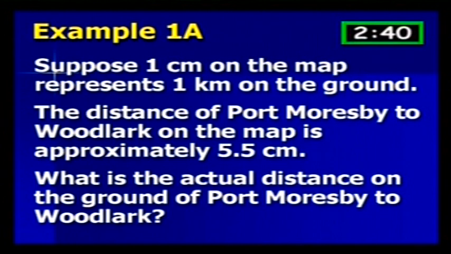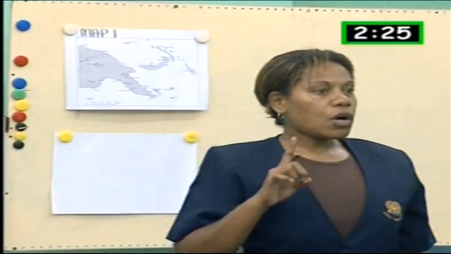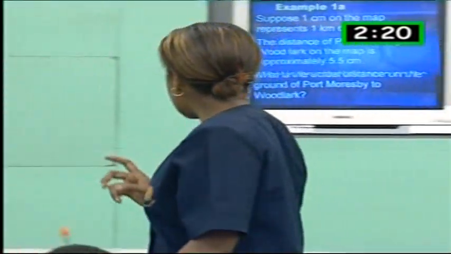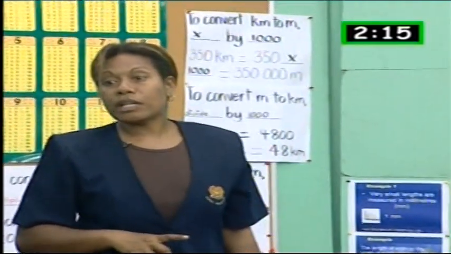Suppose the distance of Port Moresby to Woodlark is approximately 5.5 centimeters. Now, again, your scale says 1 centimeter on the map represents 100 kilometers on the ground. Who can give us the actual distance on the ground of Port Moresby to Woodlark?